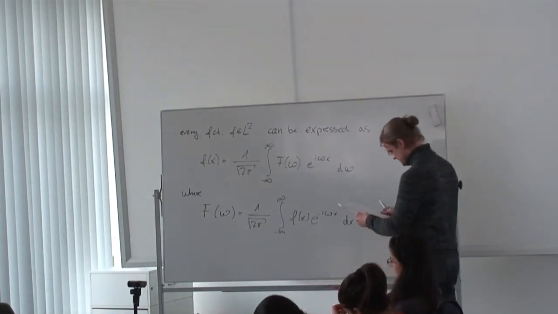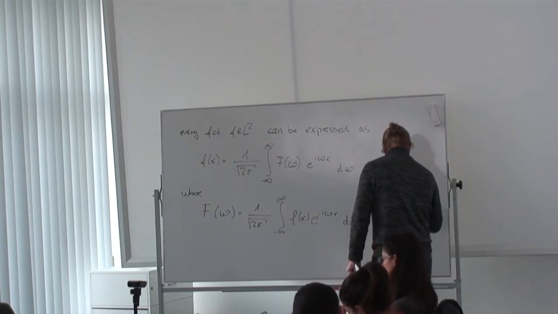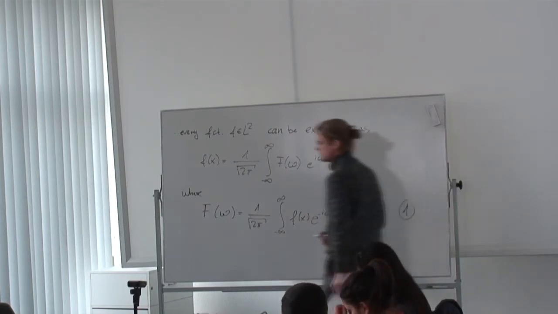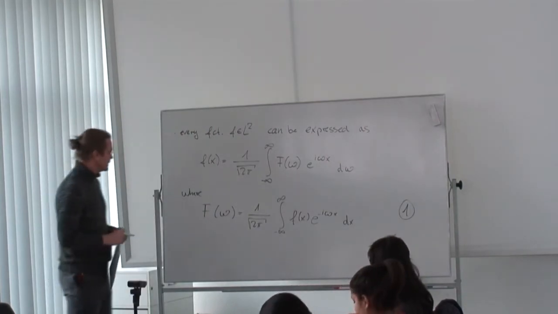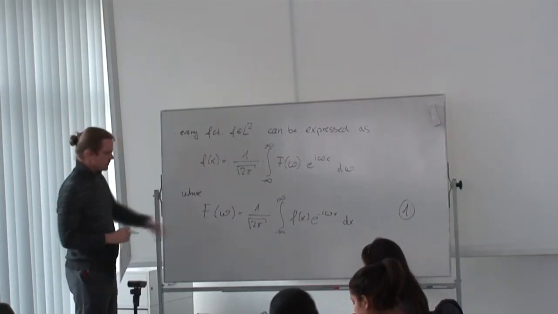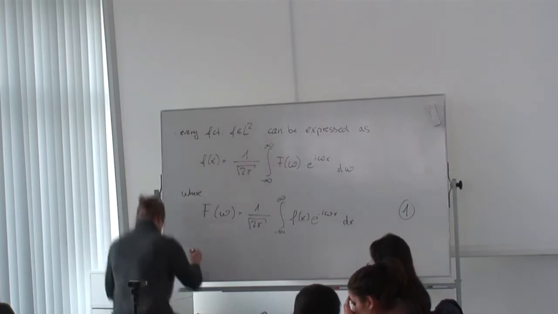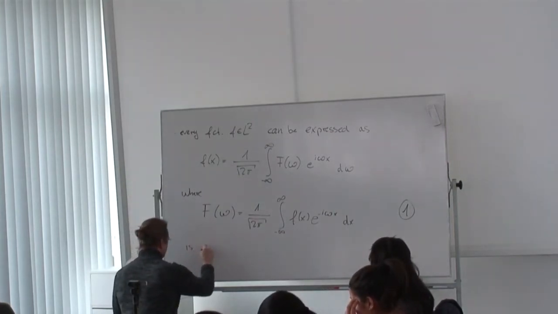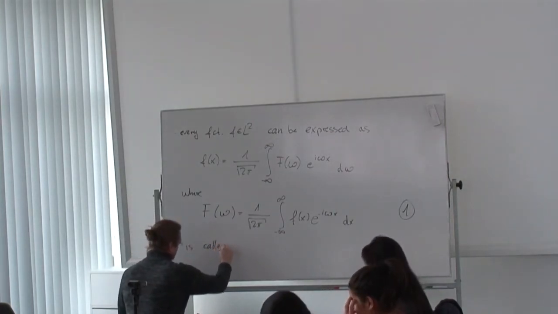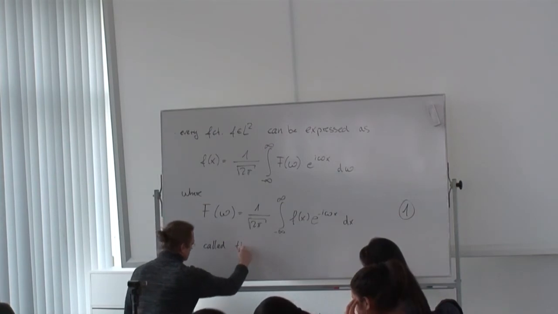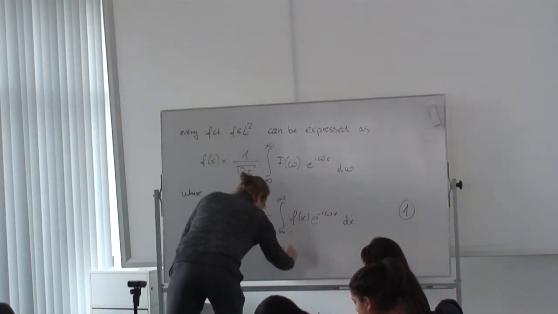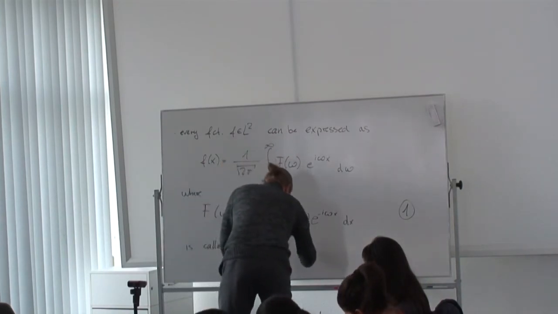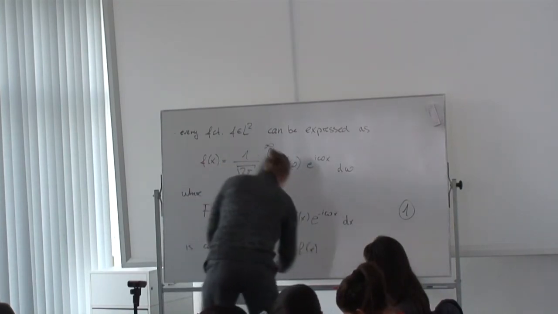So this thing here for the rest of our lecture today is called equation 1. And it is called, this function capital F of omega is called the Fourier transform of f of x.